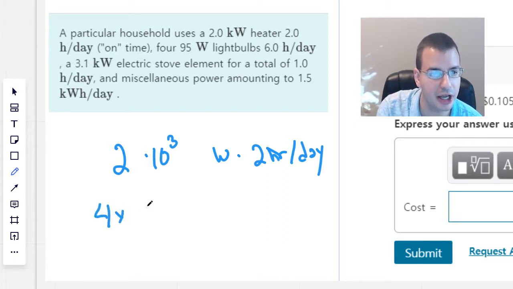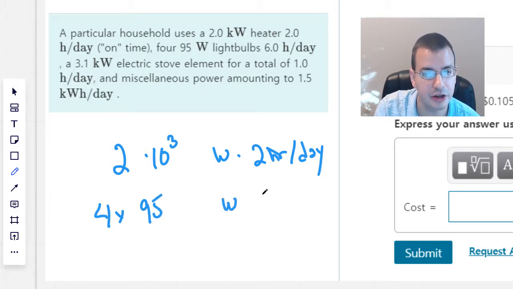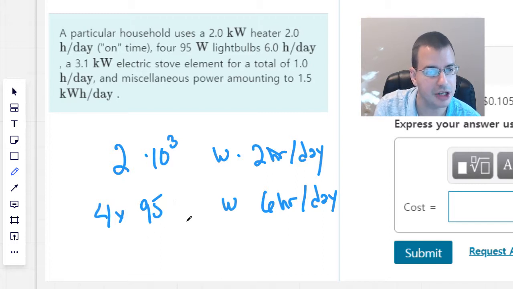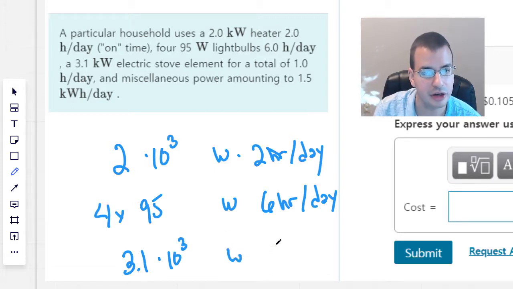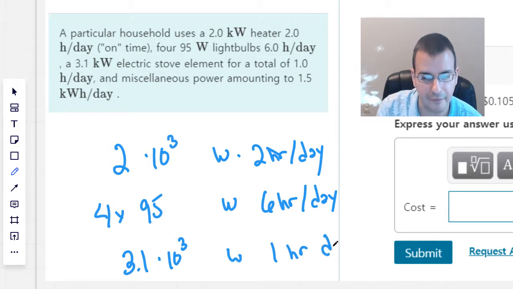Then 4 times 95 watts for 6 hours per day. Then a 3.1 times 10 to the third watt element for 1 hour per day.